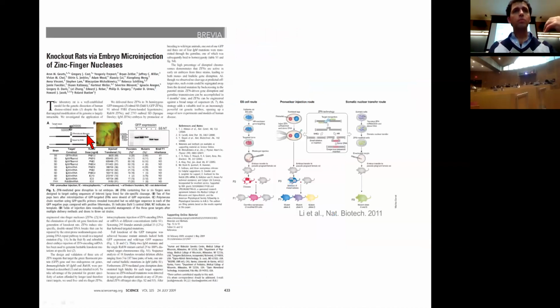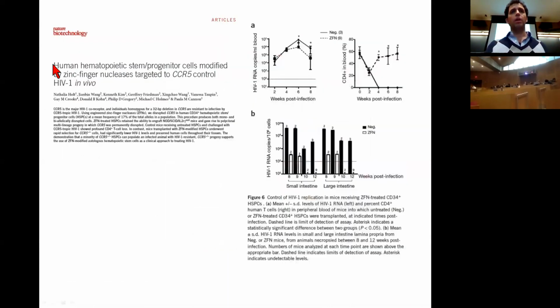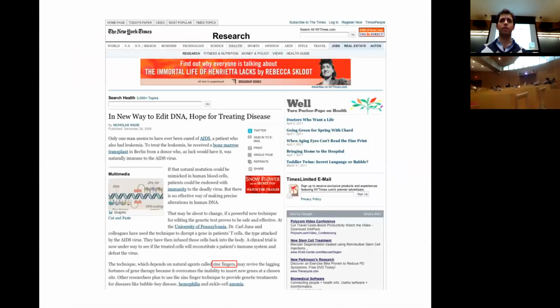They were used in knockout rats, in embryonic stem cells, in human ESCs and human iPSCs, to create edits every single time, guiding all of this molecular machinery using these zinc finger domains. And also in human hematopoietic stem cells, enabling you to create a reproducible supply of blood cells that have an altered site.